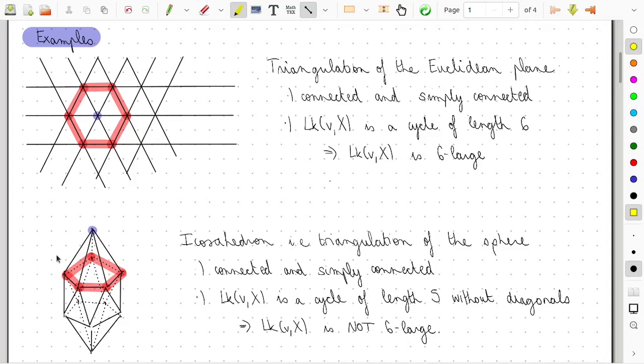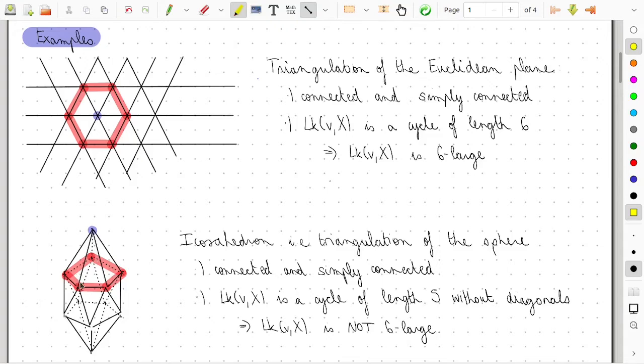Let's look at this second example. The icosahedron is a triangulation of the sphere. This is also a flag complex. It is connected and simply connected. And the link of the blue vertex here is spanned by the vertices adjacent to it, which are those red vertices.